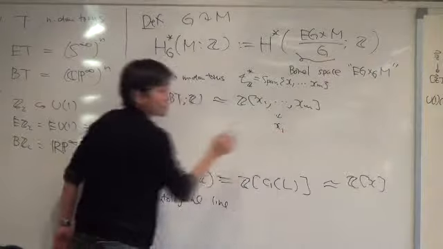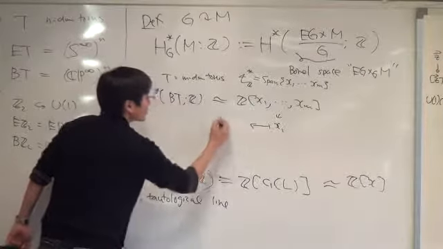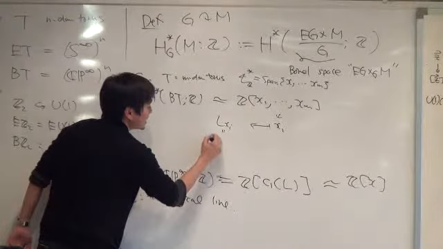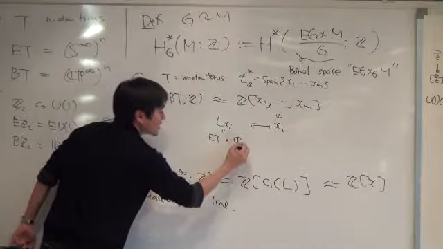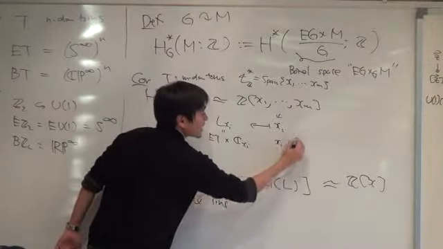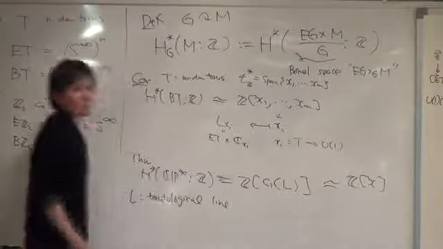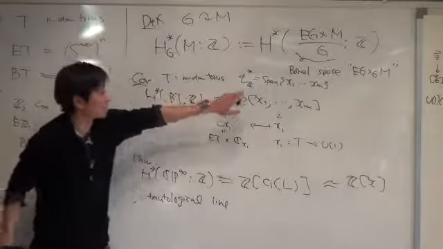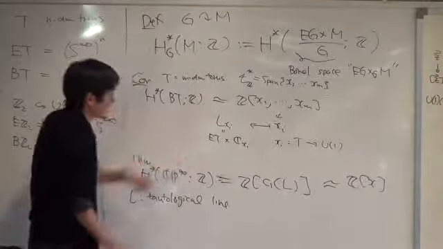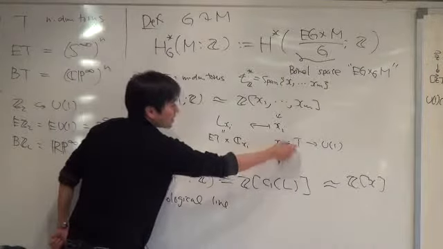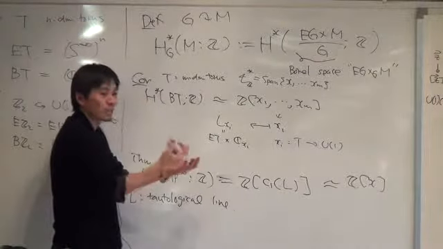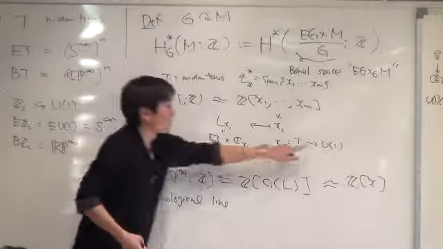You take xi here, and xi goes to this Lxi, which is ET cross C of xi. Now you have to look at this xi as a map from T to U1, corresponding to the dual of the lattice. Basically, if T is a direct product of U1s, this xi corresponds to picking that particular ith component to act.